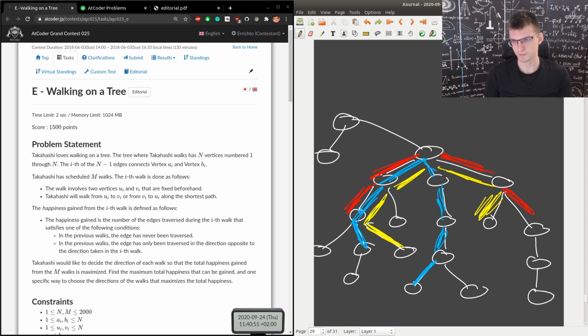Still, here I care about the relative direction of those three colors, red, blue, and yellow. I can solve this problem in exponential time, either with total brute force or with 2 to k, where k is the number of paths going through the same edge. This bit mask dp.